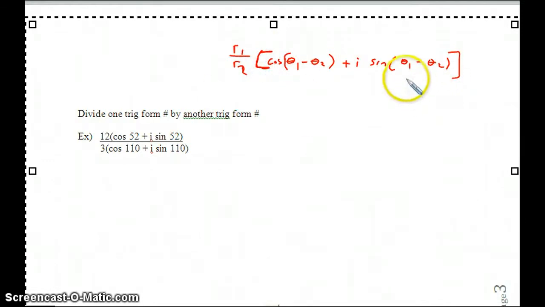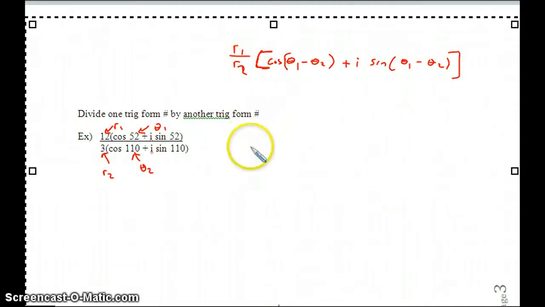Again, what we're going to need to know is R1, R2, theta 1, and theta 2. So here is R1, it's 12. There is R2, 3. Here is theta 1, 52. And here is theta 2, 110.